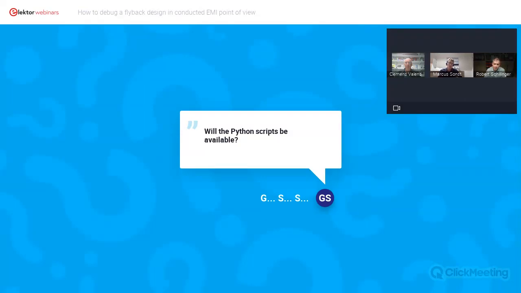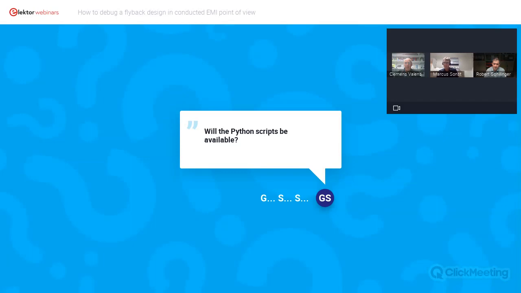We think that is a more convenient way. So at the moment it's not available, but in case it won't be in the Emi Debug Tool, then we will of course offer it as a download. But it's not the case right now.